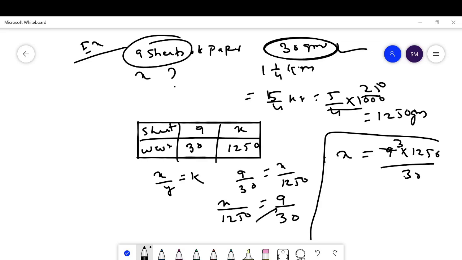Then 3 tens are 30, and the zeros cancel. This is 375 number of sheets. 375 sheets weigh 1250 grams, which means 1 whole 1 upon 4 kilograms.